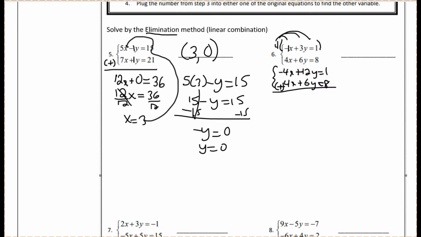Since one is negative, one is positive, I need to add these to cancel them out. If they were both negative or both positive, I can simply subtract them. So in this case, I'm going to simply add them, and these cancel. So I get 0 here. And then 12y plus 6y is 18y. Oh, and I forgot to multiply the 1 here by 4. So 1 times 4 is 4. All right, so equals 4 plus 8 is 12. All right, so now we got 18y equals 12.